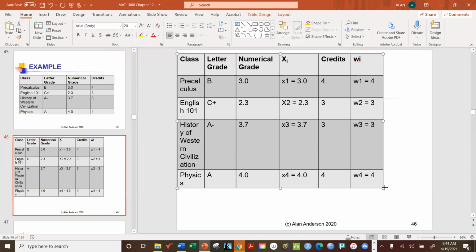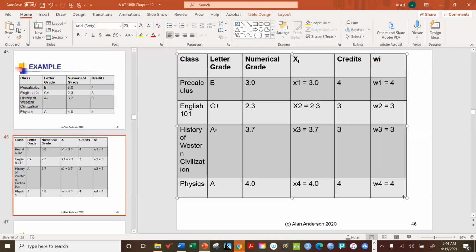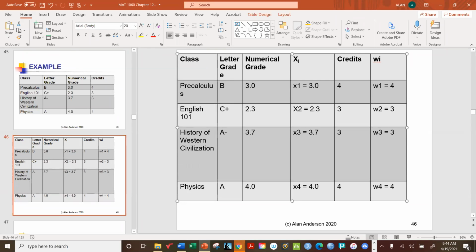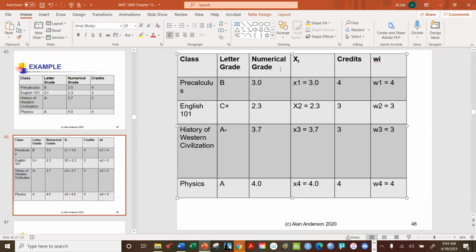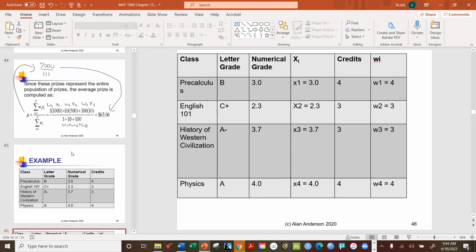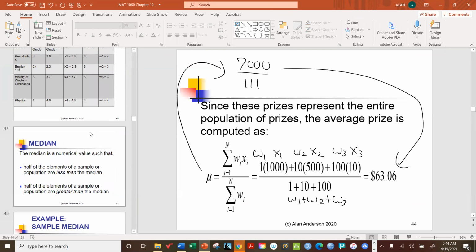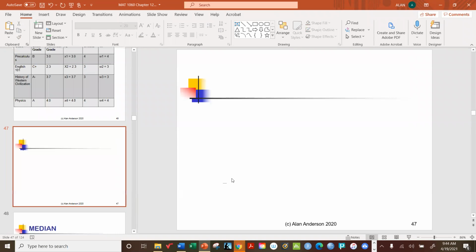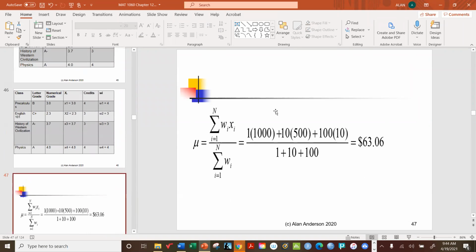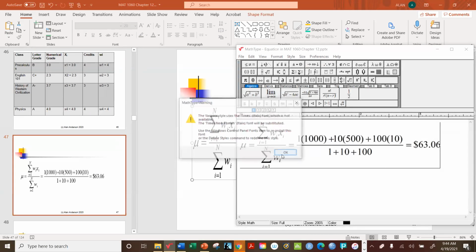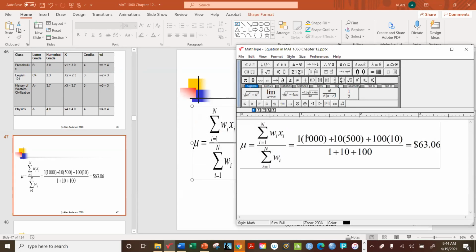So how do we figure out the student's GPA? Just like we did in our weighted average example. Okay, so if I copy this formula, I can just edit it with the new information. And I'll treat this as a population again, because my semester grades, let's think of it as a population.